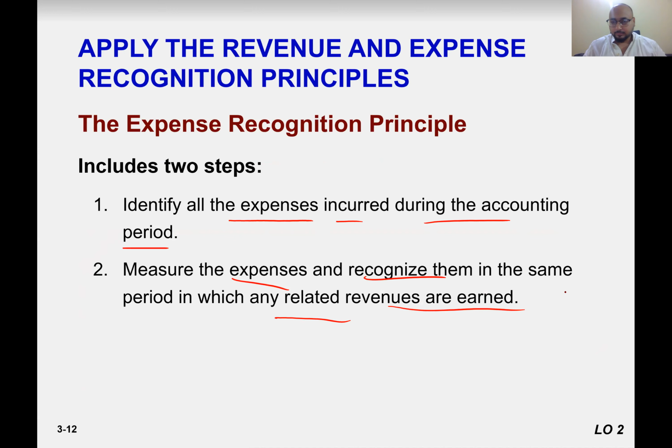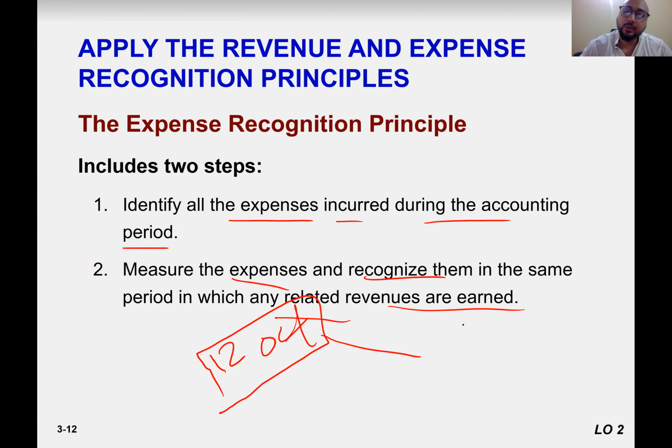So you provide a latte to the customer, right? On that latte, the company has incurred costs. For example, cup cost, its cover cost, lighting, salaries, and so on. So the sale occurred on 12th of October, right?